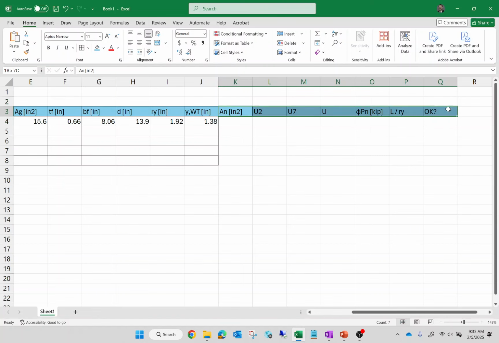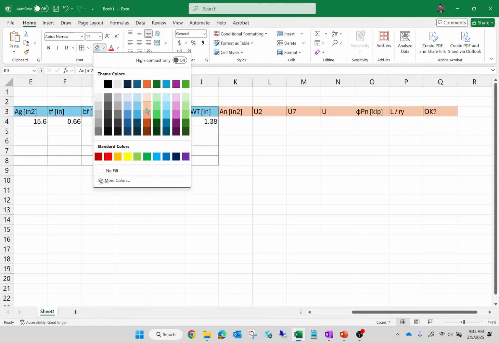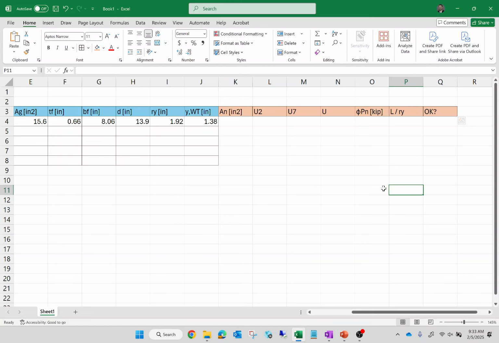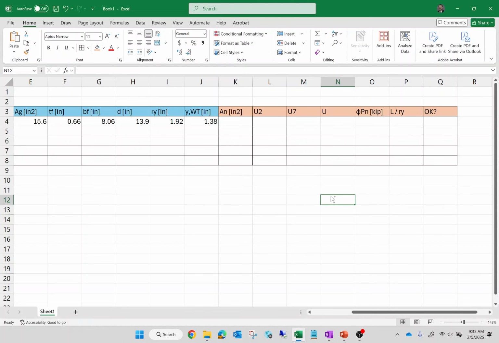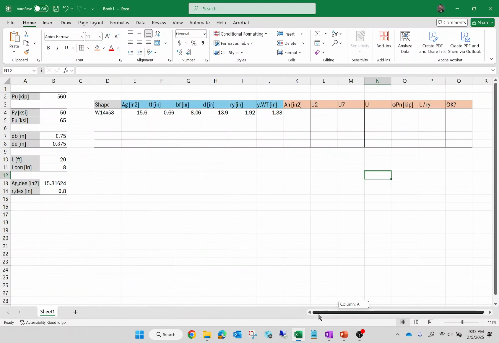And since these are calculations, I'm going to change their color. I'm going to make these orange. And I am going to zoom out a little bit. I hope that's okay. If I need to zoom in further, I can. What do you think? Is this good?